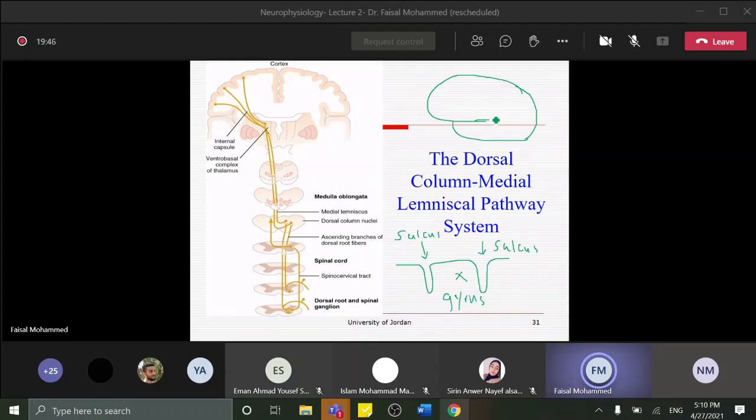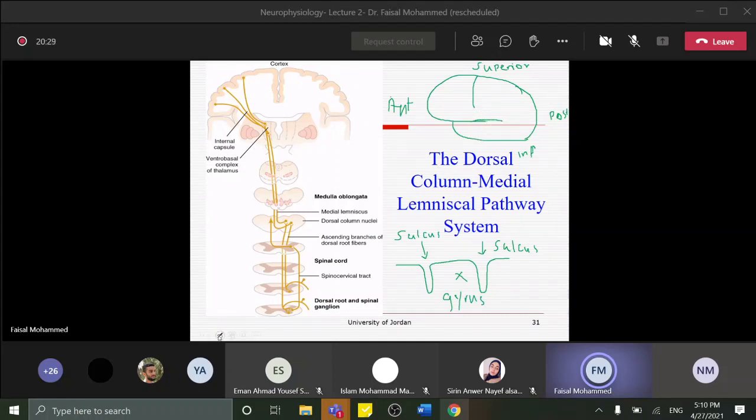Now, this is the lateral view of the cerebral cortex. This is anterior, this is superior, posterior, and this is inferior. There is a main sulcus called the central sulcus, and another called the lateral sulcus.